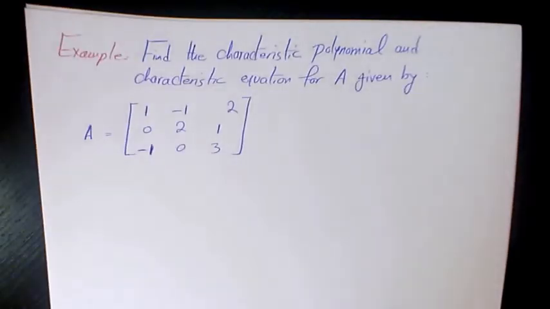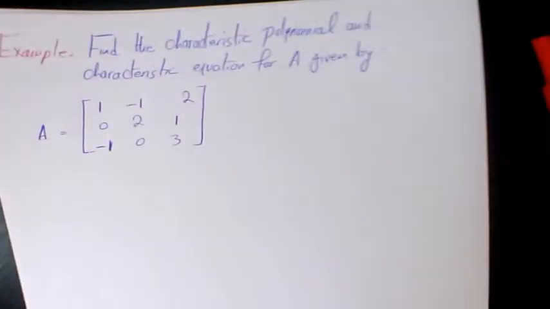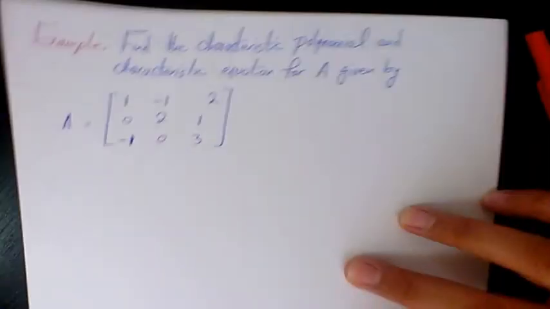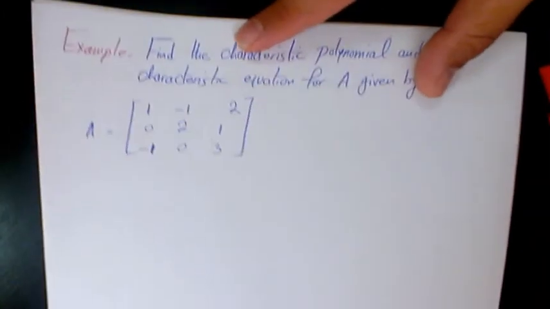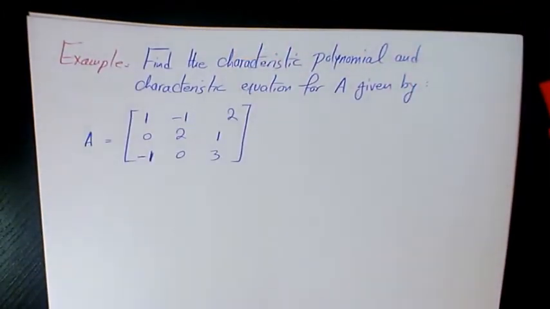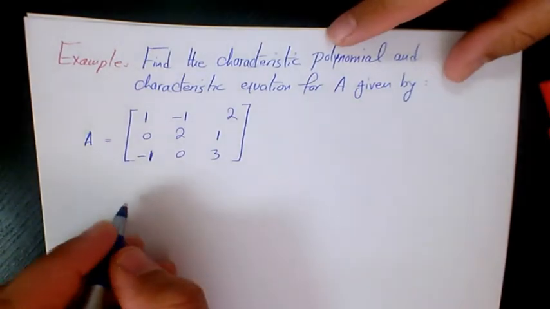Now in this example, it says find the characteristic polynomial and the characteristic equation for A given by this 3 by 3 matrix. So we follow the same rule.